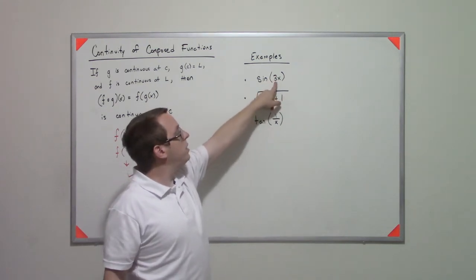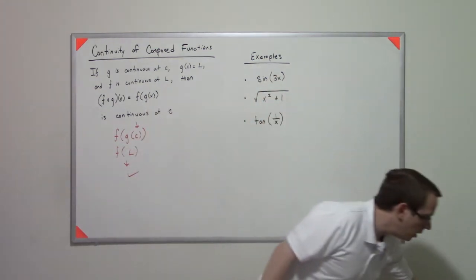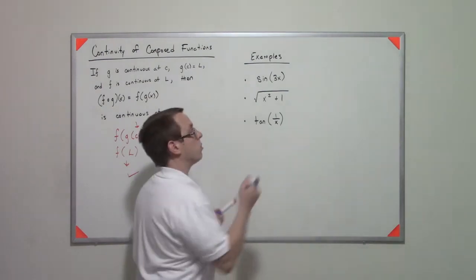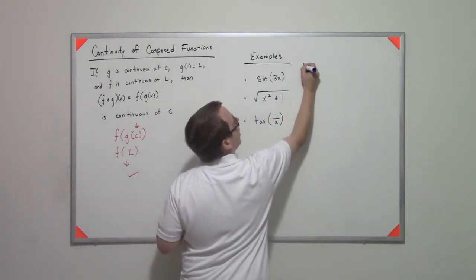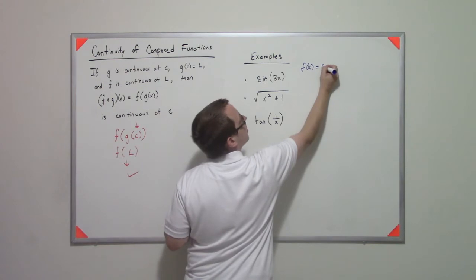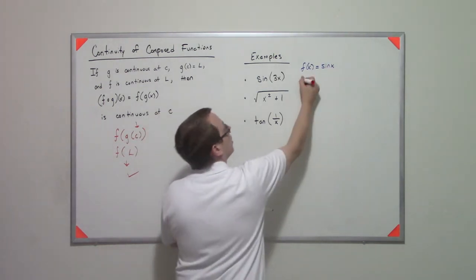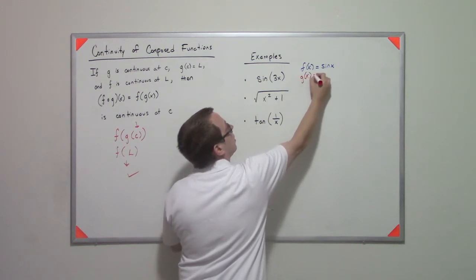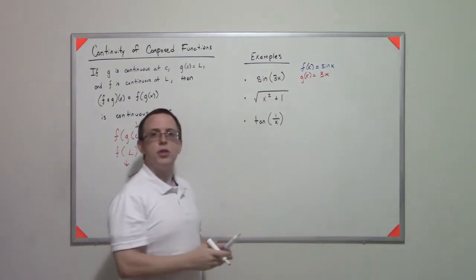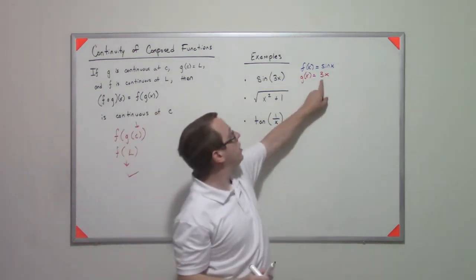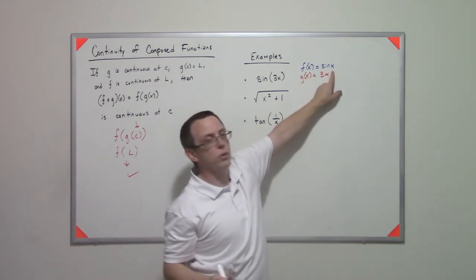Well, in this case, maybe it's easier to label it this way: I could say that f of x is sine of x, and g of x is 3x. So I'm plugging this in wherever I would see a 3x.